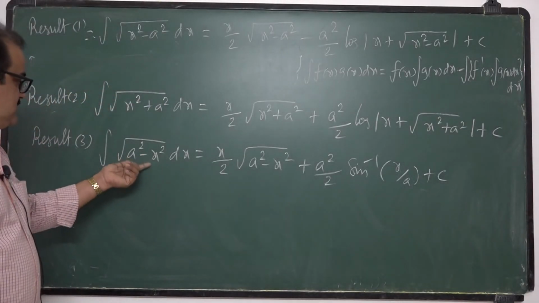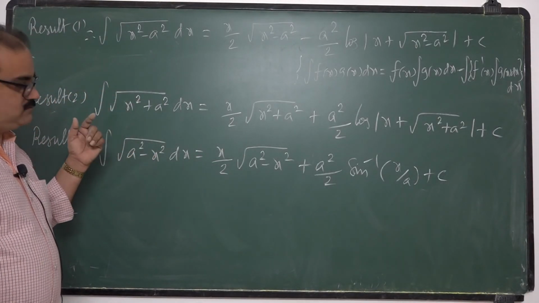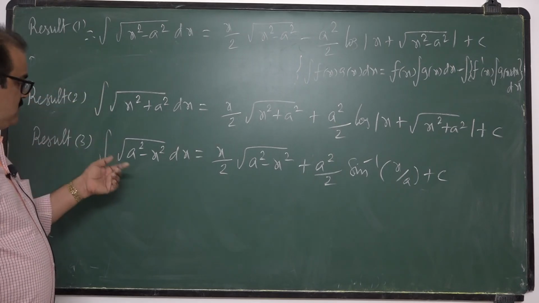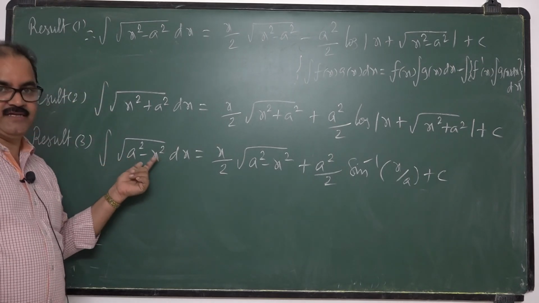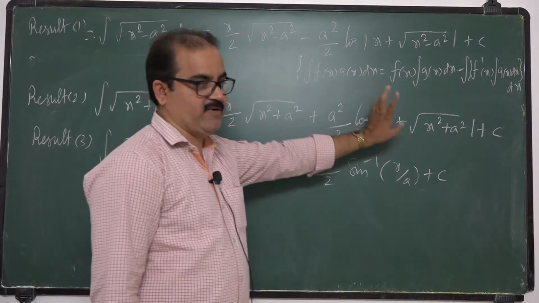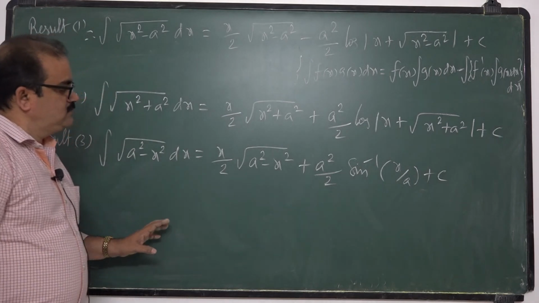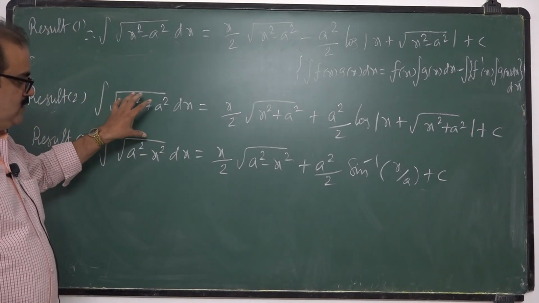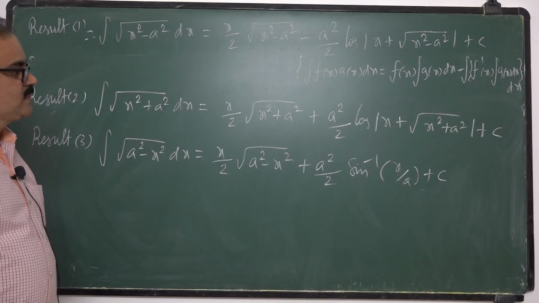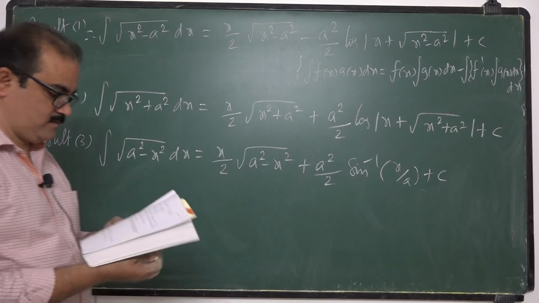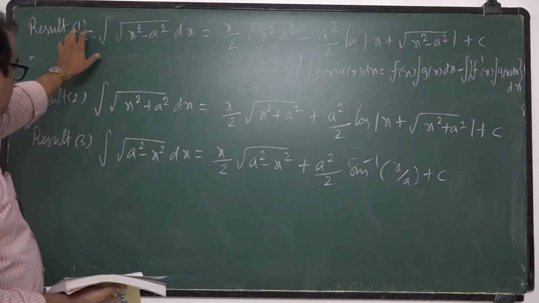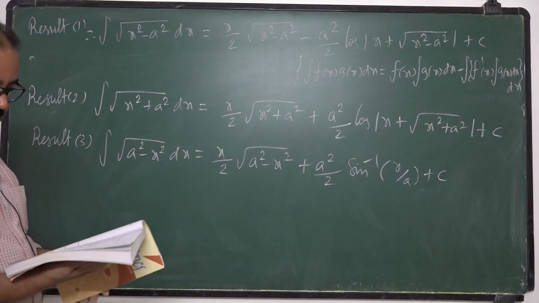We prove this result in the same manner as the first result. Take this as root a square minus x square into 1 into dx and apply integration by parts. So the proofs of these two results are the same as the first one. In the next exercise, we take these three results as formulae.